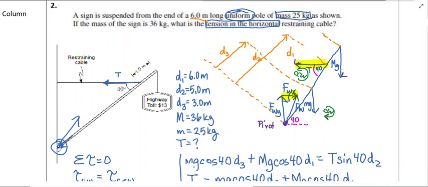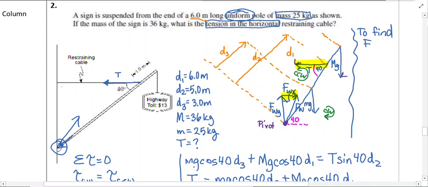So you can add this to below your notes if you like. I'm just going to do it right here on the side. But to find Fw, we're going to sum all the forces in the x direction and let that equal 0. And so that means that Fwx is equal to tension.